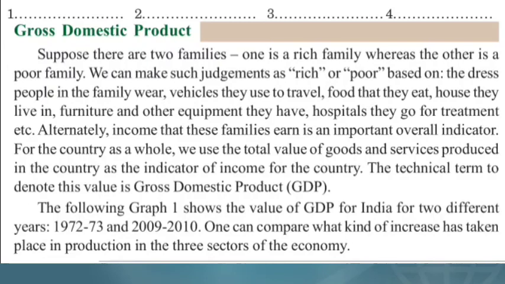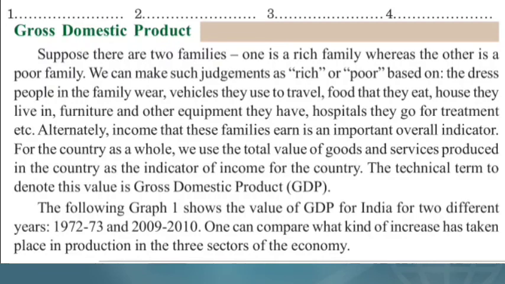First we have to know the definition. What is GDP? The value of all the final goods and services produced within a country during a particular year is called GDP. Understand?